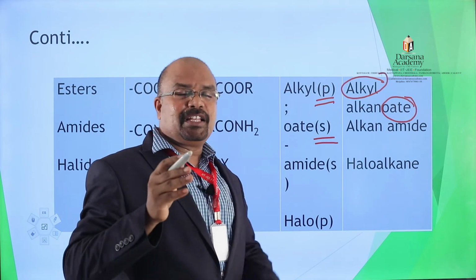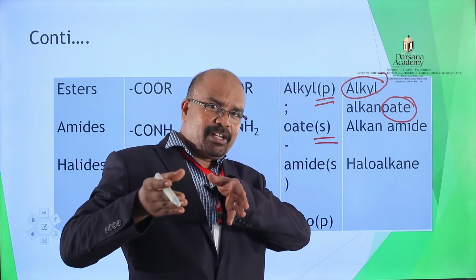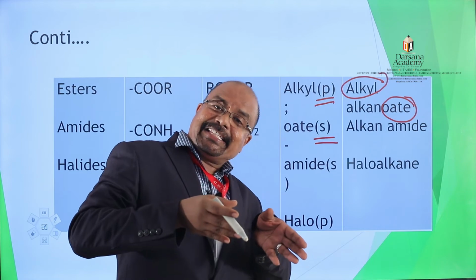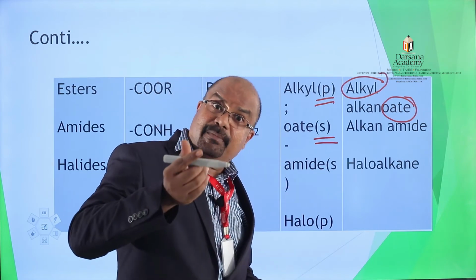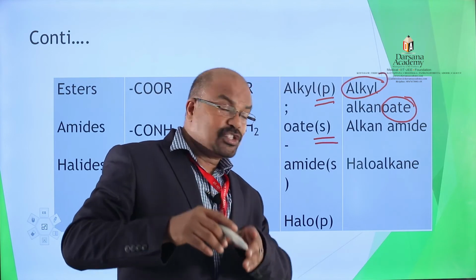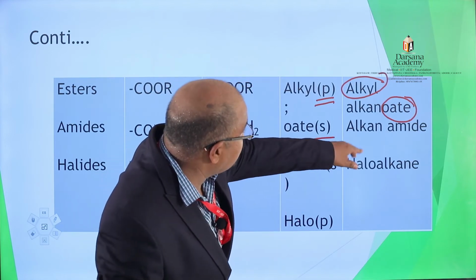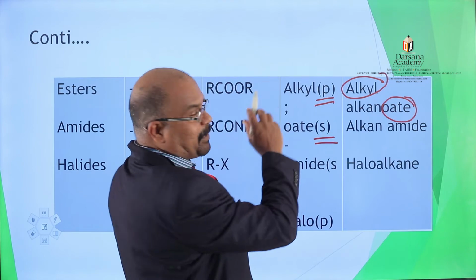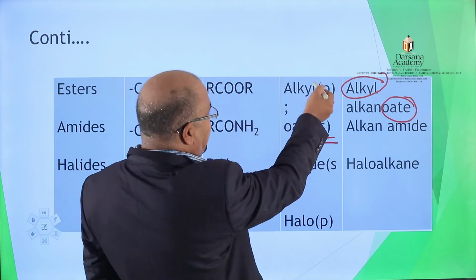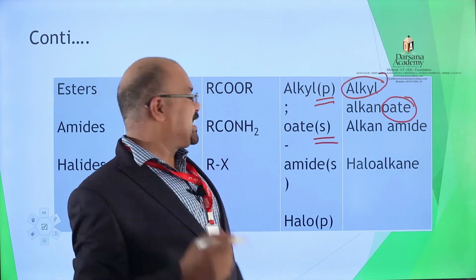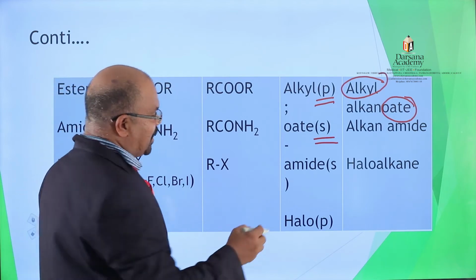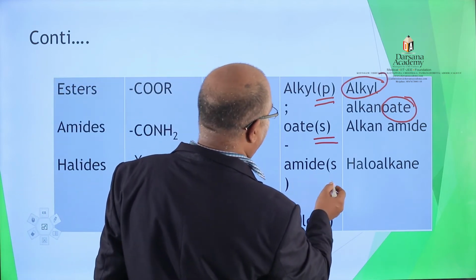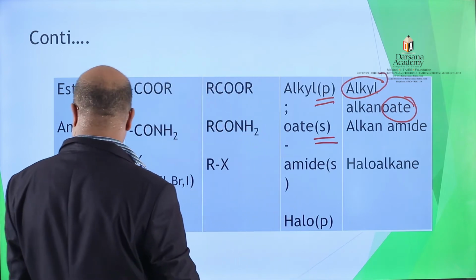Please remember, functional groups are of 2 types. Certain ones are used as a secondary suffix, so they have secondary words. Certain ones are used as a prefix, such as alkyl here. Both are present in the case of ester: the alkyl is the prefix word and OATE is the secondary suffix. In the same way, halide is used as a prefix word, so halo is the prefix word. Clear? Then next.